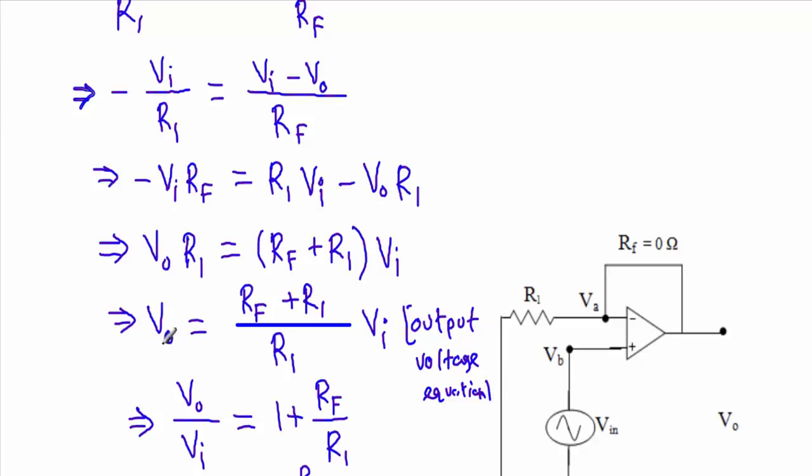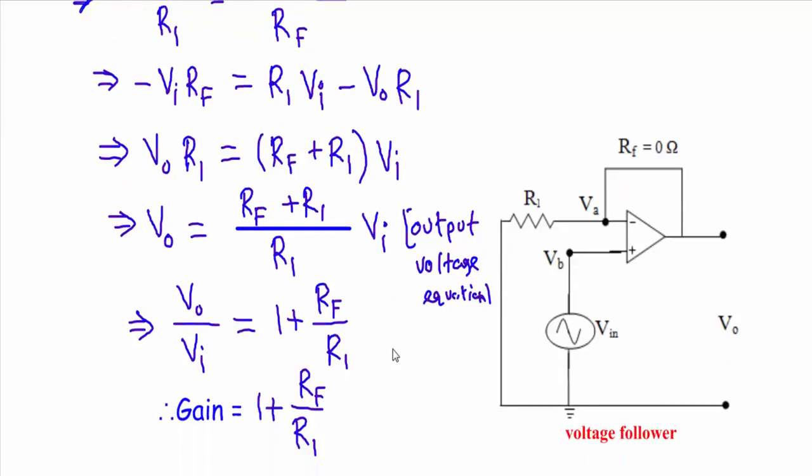If I take the ratio of Vo and Vi, I will get Vo divided by Vi equal to 1 plus Rf divided by R1. As you know, the ratio of output voltage and input voltage is the gain of the operational amplifier. So I can write gain equal to 1 plus Rf divided by R1.